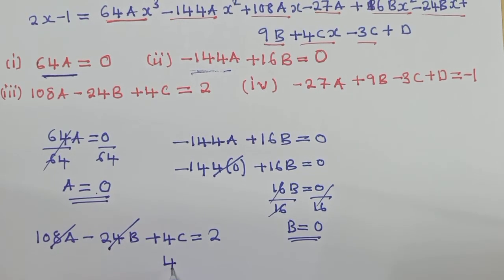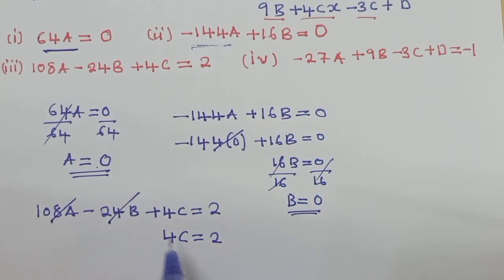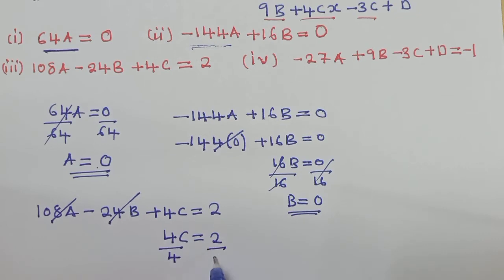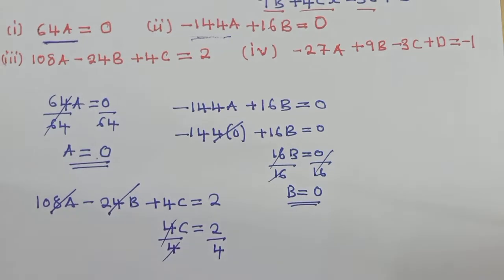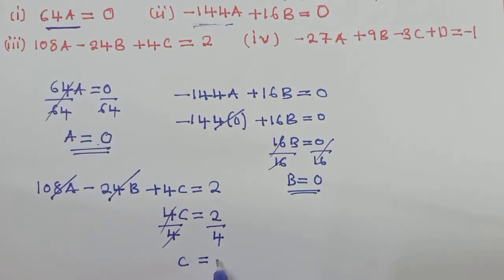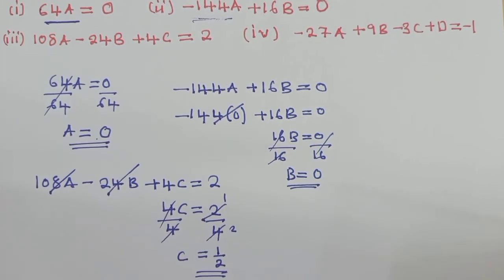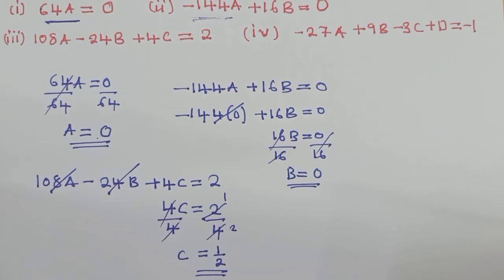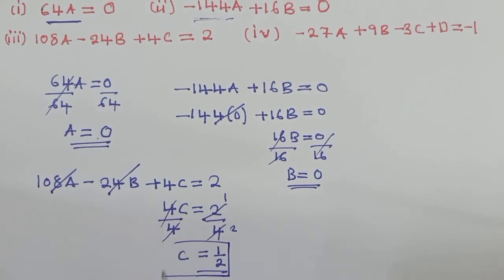We shall remain with 4c equal to 2. To solve for c, we divide by 4, divide by 4. We are getting c to be equal to 1 over 2. So we've got a value of c right here.